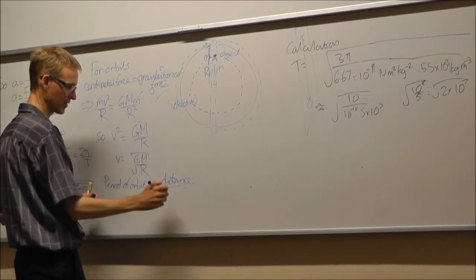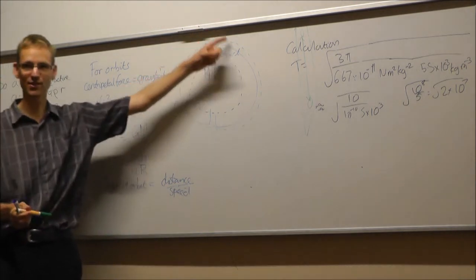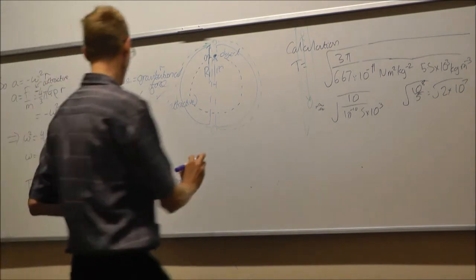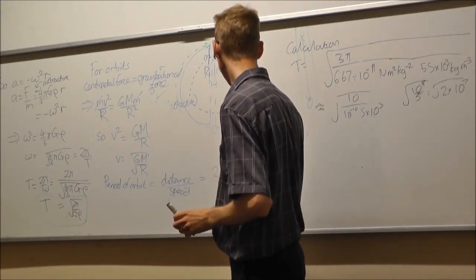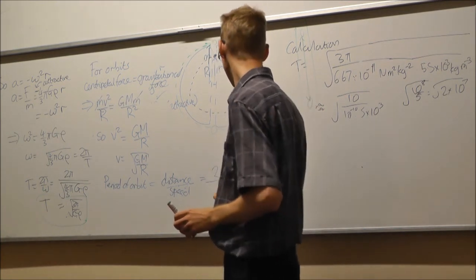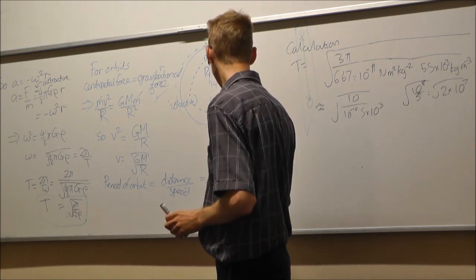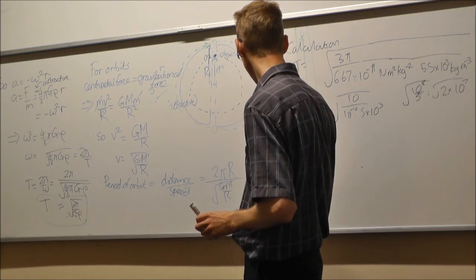I guess we should call it speed because in circular motion velocity is changing as it goes around. Velocity is a vector. So distance over speed. So distance is, of course, 2 pi times our radius. Our speed is root GM over r. So this comes out as 2 pi.